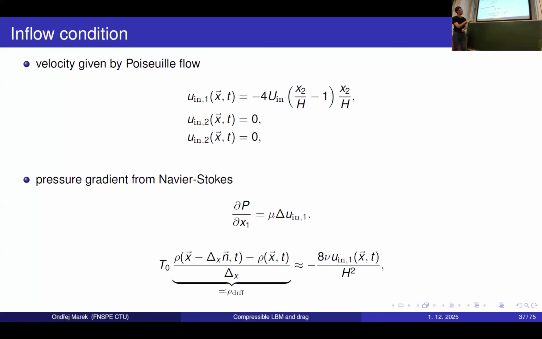And from this, again assuming that pressure is linearly dependent on the density, we get that the density can be calculated from the node in the lattice by adding the difference here, multiplied by the reference temperature again. And here, this is just the second derivative of the term above.